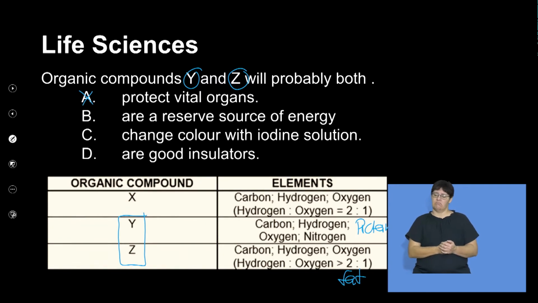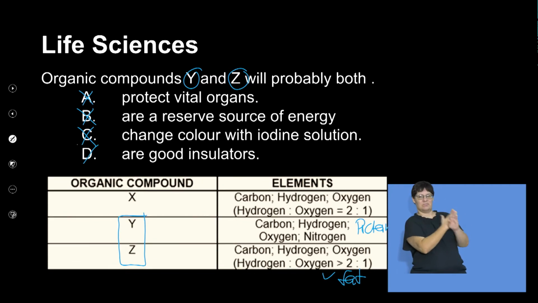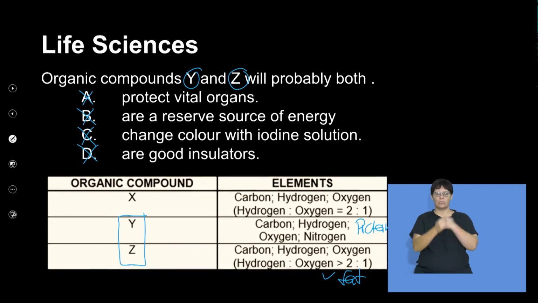Once again, fat, yes, protein, not really. It can be, but we don't want it to be. Maybe. Changes color with iodine. Do I want that? Not. Now I'm going there. And then I say, are good insulators. And now I cross it out. And I've got all four that are correct.